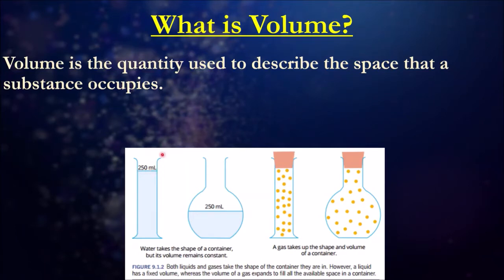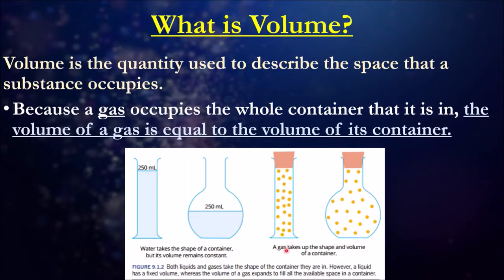If you move it into a different container, as you can see here, the volume remains the same, but the shape is different. So liquids take on the shape of their container, but the amount of space they take over stays the same. It's still 250 milliliters each.